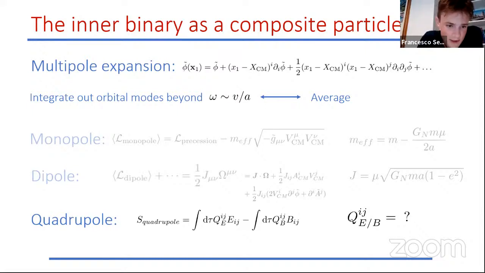But we can actually be happy with the dipole, because what we are interested in at the end of the day is the secular dynamics.